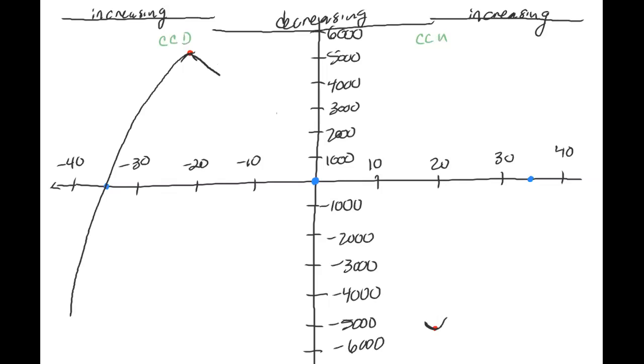Concave down here. And then it does not stop being concave down until this point here. This is an inflection point. So at that point, it turns and starts being concave up.